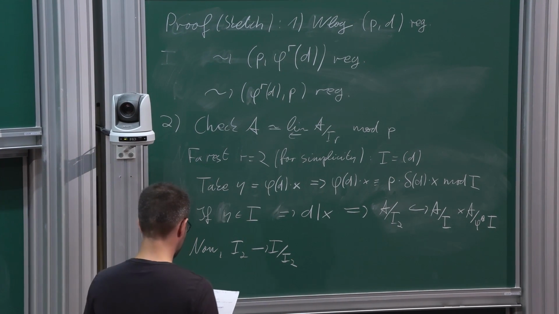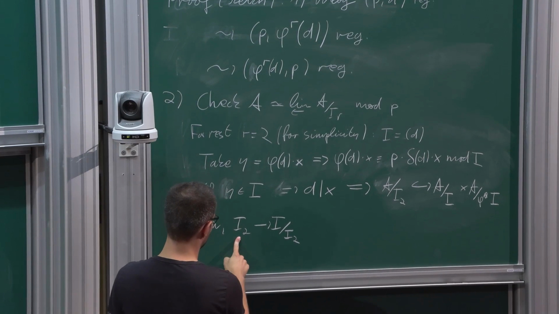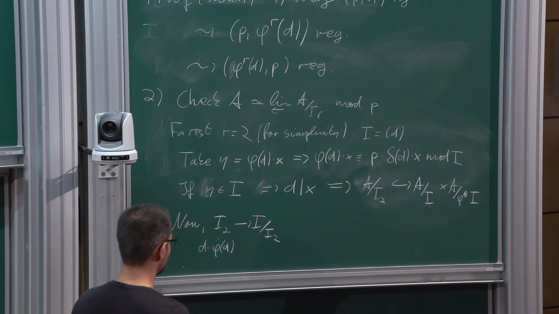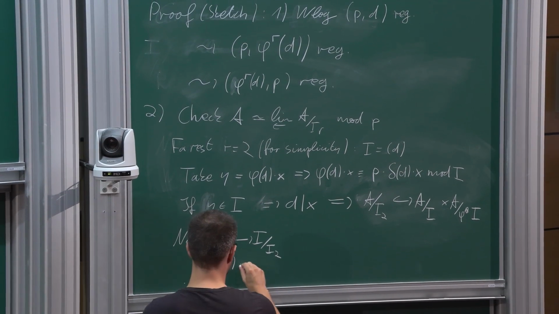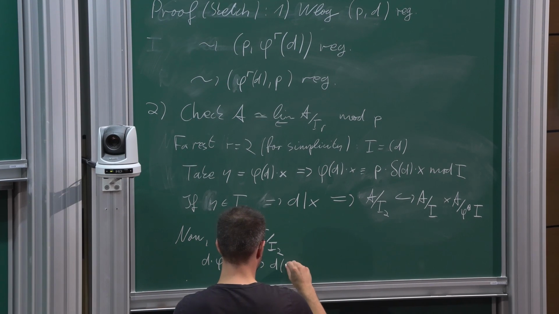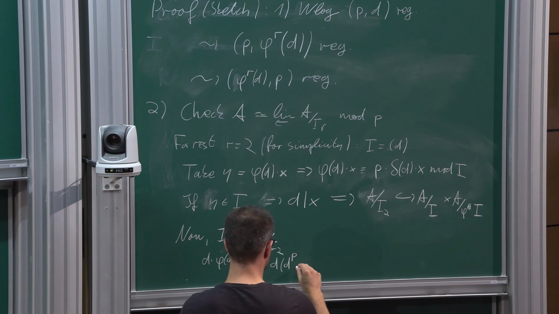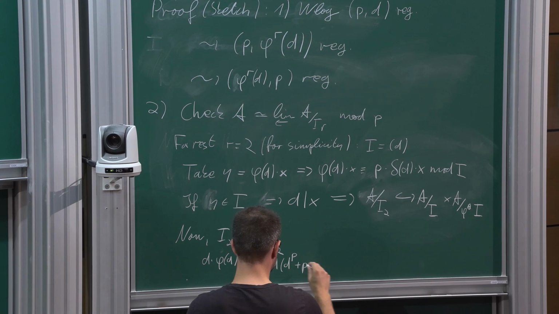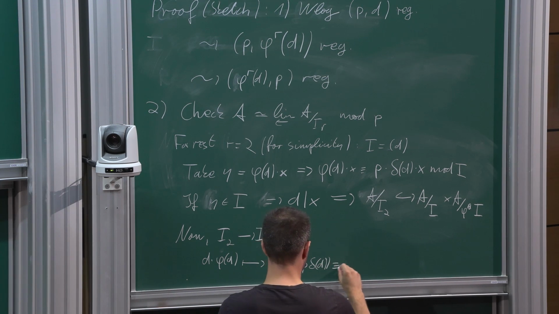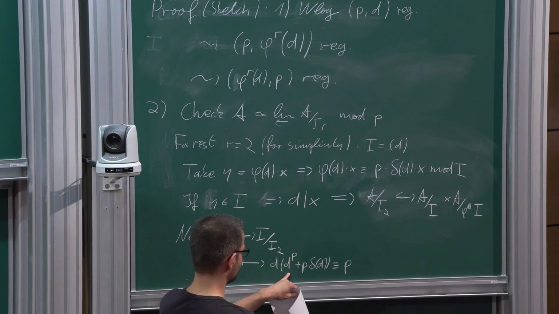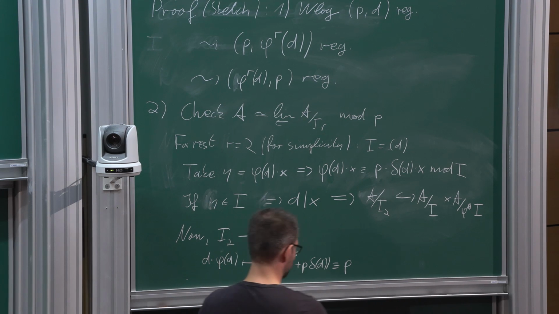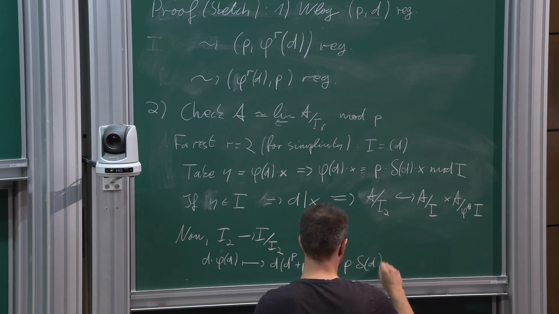So here, this ideal is generated by the element d phi d. And so if we map this to this ideal, then of course we can rewrite this as d times d to the power p, d^p plus p times delta of d, and then this is of course equivalent modulo I squared to p times delta of d.